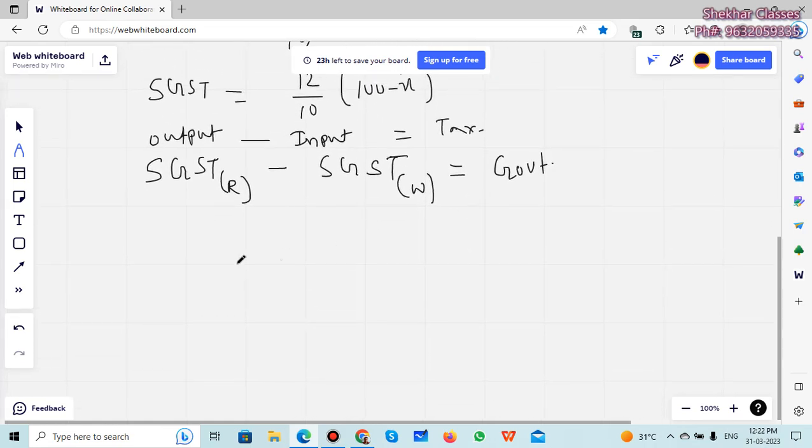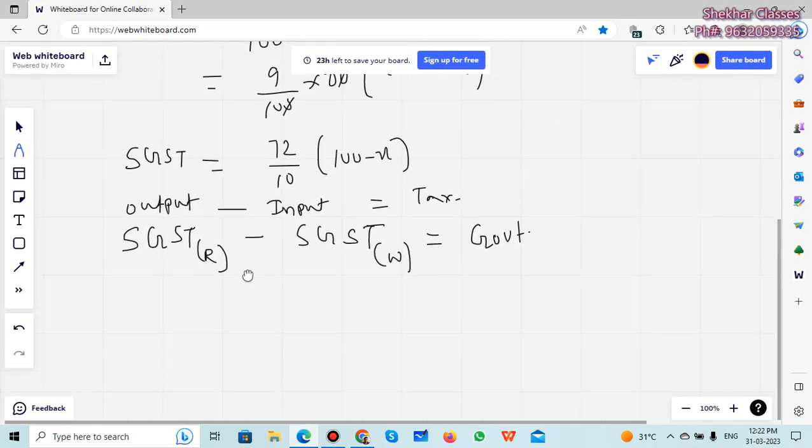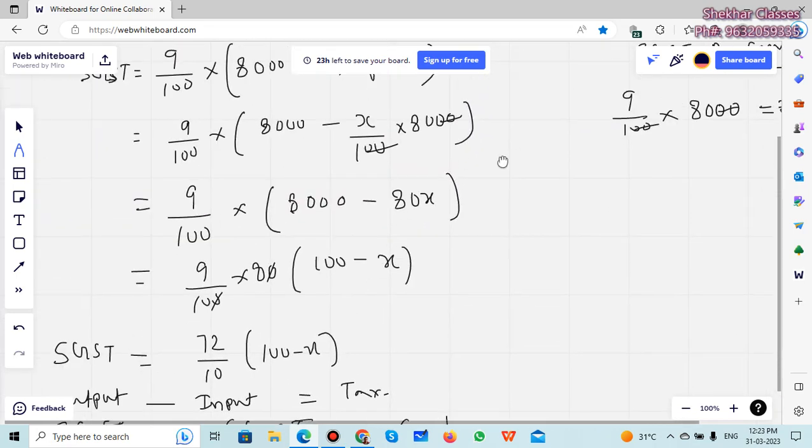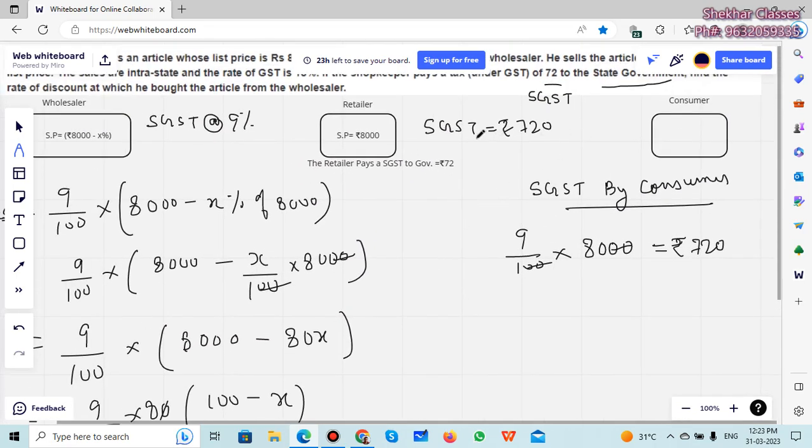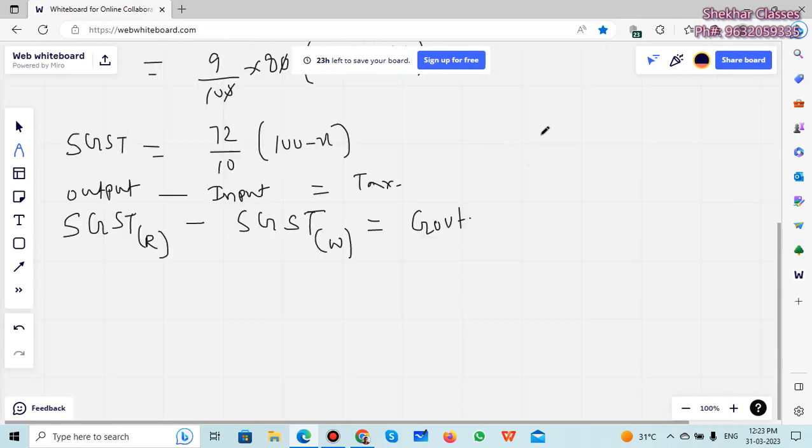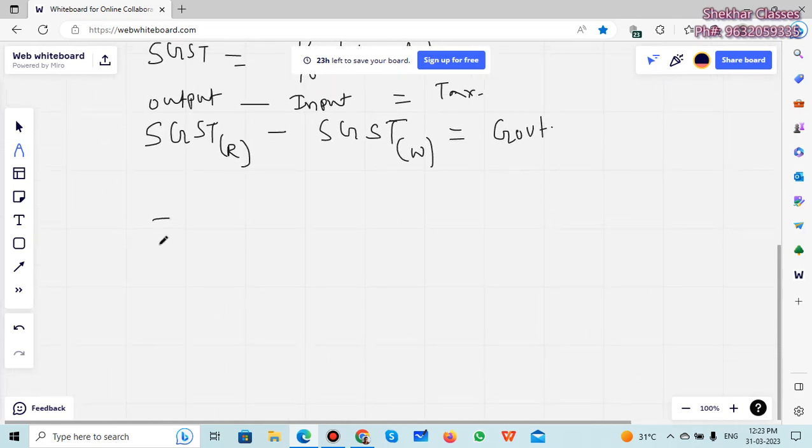So what is output? We have already got the output here. Output is 720, received by the retailer. What is the input tax?